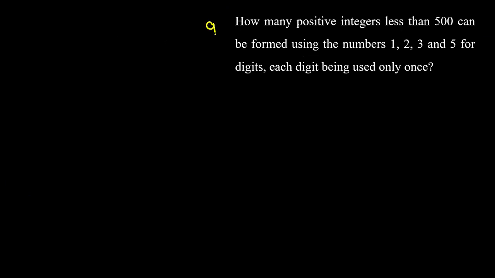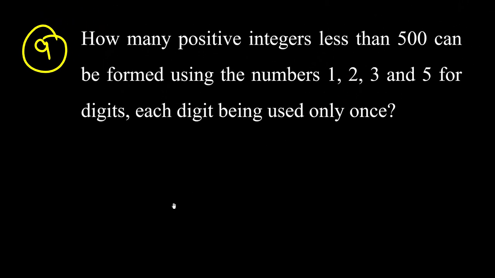Now this question also has one good learning point. It seems a very easy question. I am giving no options for you. Let us see how many of you can get this correct. How many positive integers less than 500 can be formed using the numbers 1, 2, 3 and 5 for digits, each digit being used only once, meaning repetition not allowed.